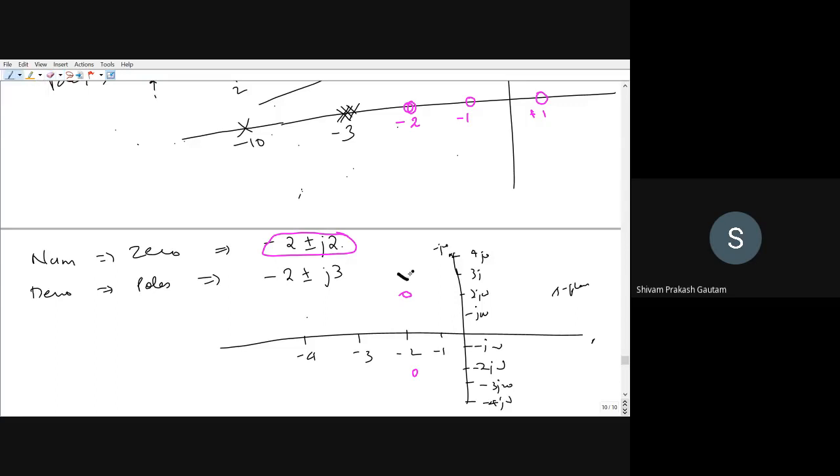So this is my first pole, this is my second pole. Are you getting this? With this, you may have poles and zeros at another point, that is minus 3 and minus 4. Suppose this is the condition. So this is how you can represent minus 3 and minus 4.